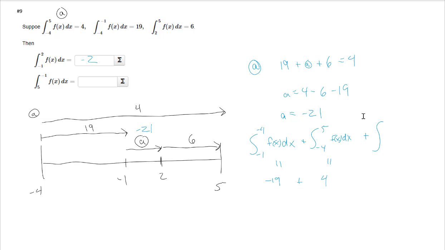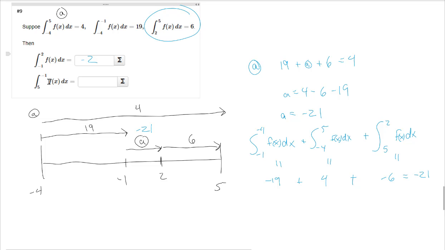And if we add to that the integral from 5 to 2 of f of x dx, we know that that integral is -6. I know to flip that because I have the integral from 2 to 5, and I need the integral from 5 to 2. And if I add all of those numbers together, I also get a -21. Kind of think about it as like a path through the integrals or something like that.